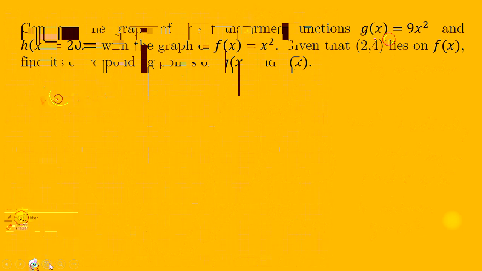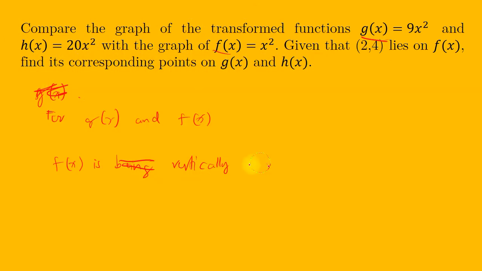And f of x. Okay, f of x is being vertically scaled by a factor of 9 to obtain g of x.